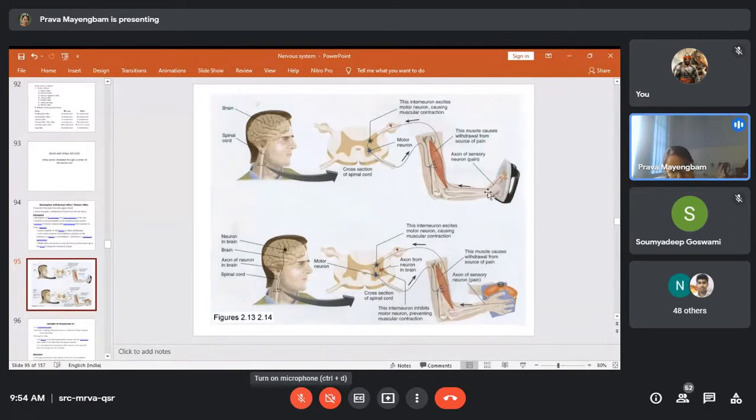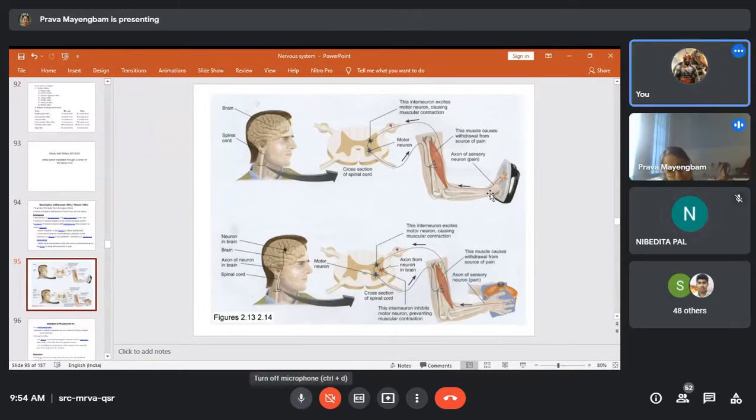That is called flexion. If this hand moves down, it stretches, then it is called extension. Do you understand this? Flexion and extension. Do you get? Yes, ma'am.